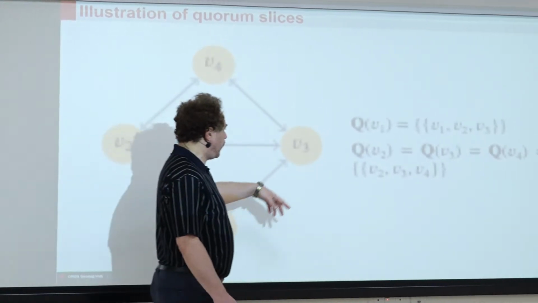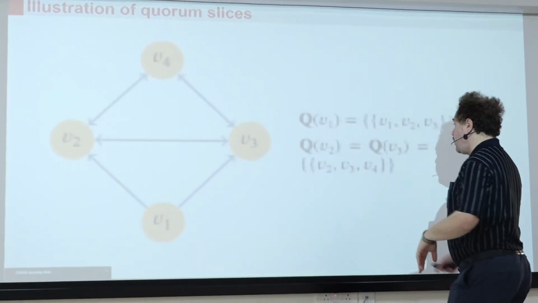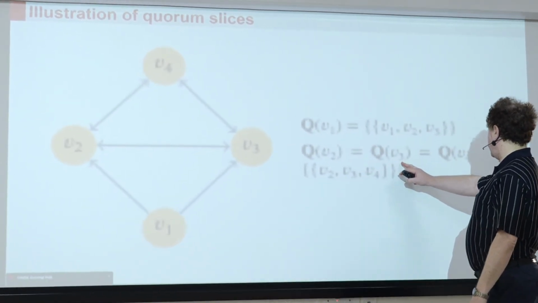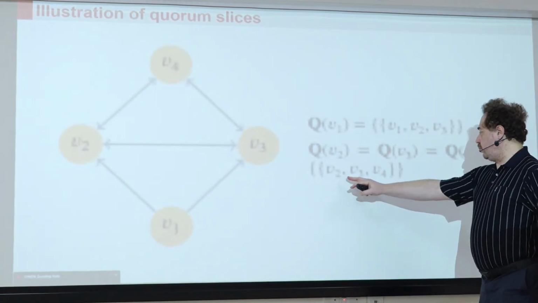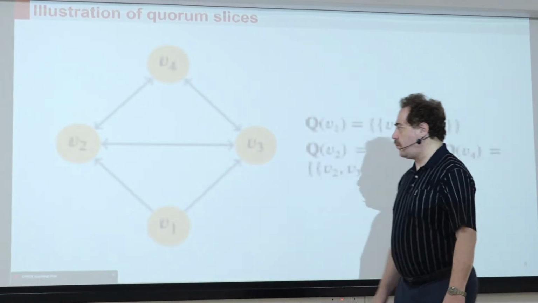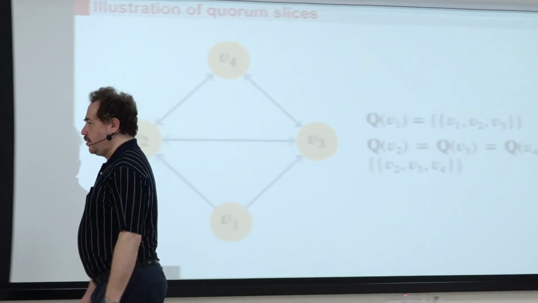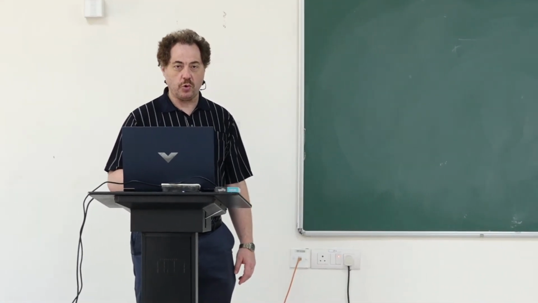The slices are as follows. The slice for V1 is V1, V2, V3, and the slice for V2, the slice for V3, and the slice for V4 is V2, V3, V4. In this case, the quorum would need to include all 4 nodes.